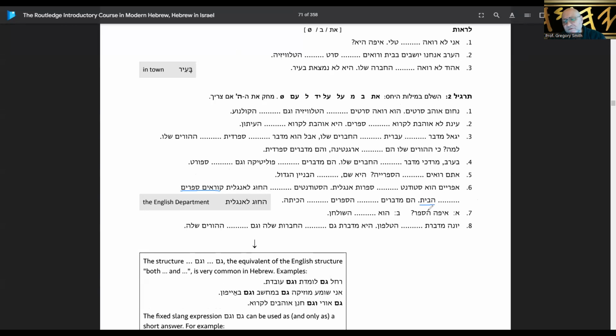I wonder if that's the schoolhouse. Safarim babayit. ספרים בבית. Okay, yeah. So this would be in, with, or at home. They are reading books at the home. Oh, yeah, let's see here.